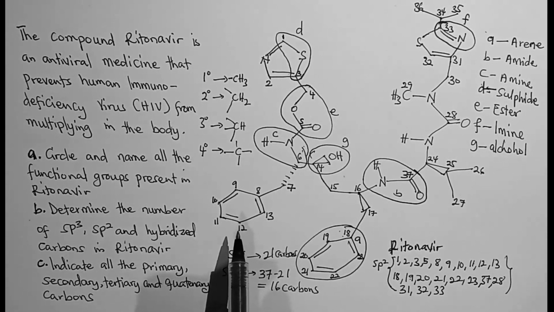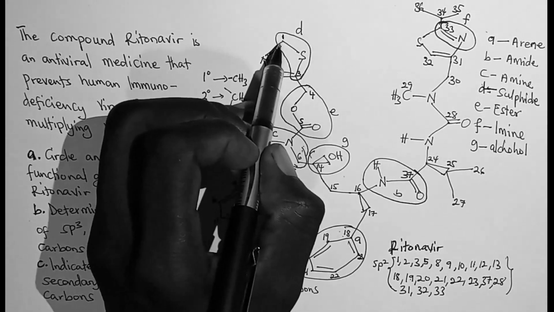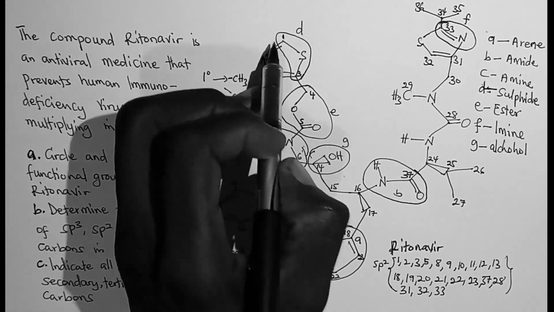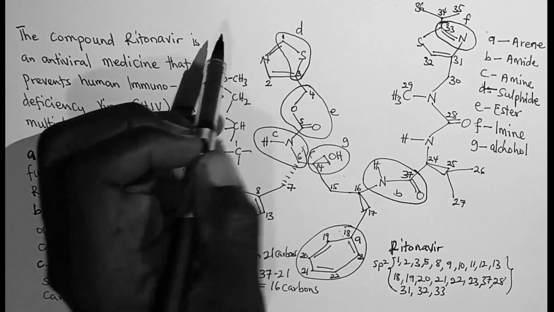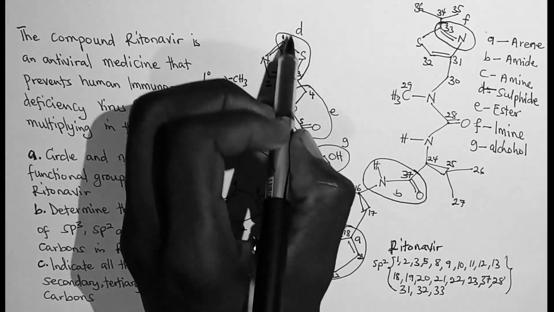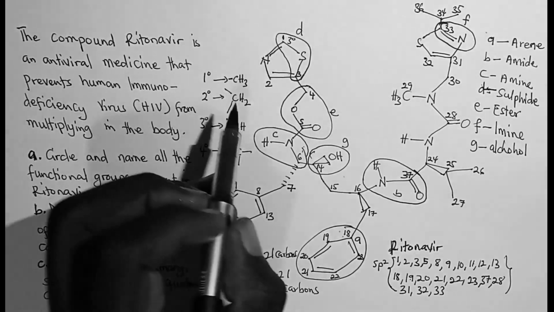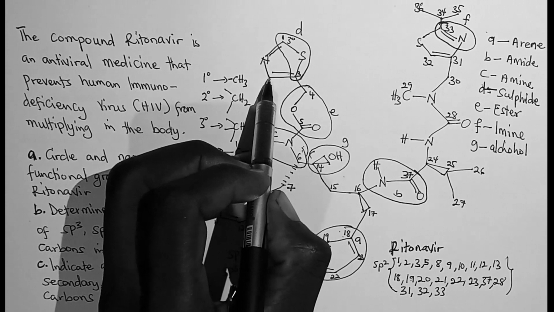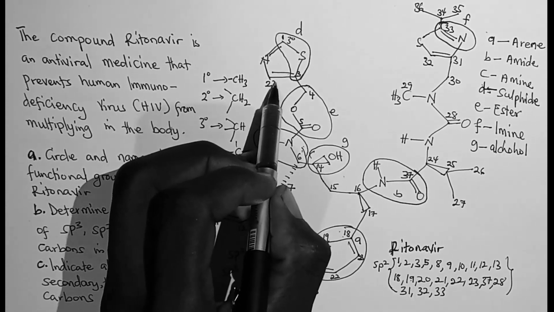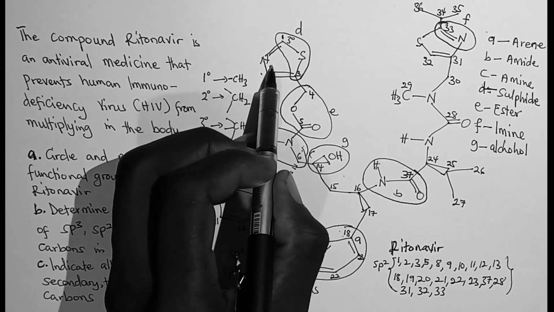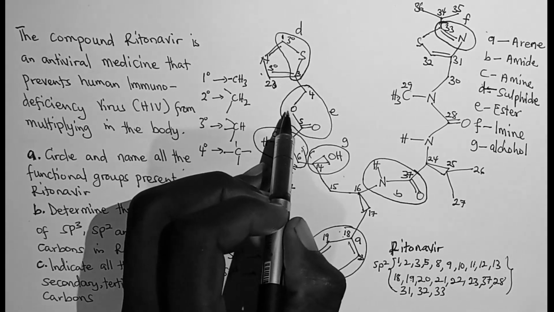So using that rule, you see that this carbon has one hydrogen, and therefore, since it is one hydrogen, this carbon is a tertiary carbon. And then this carbon too also has one hydrogen, so this is also a tertiary carbon.